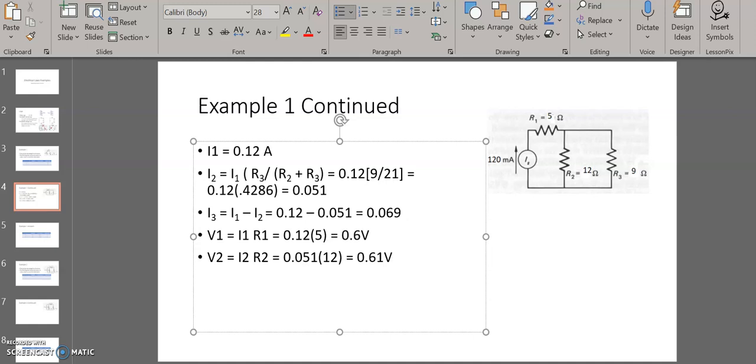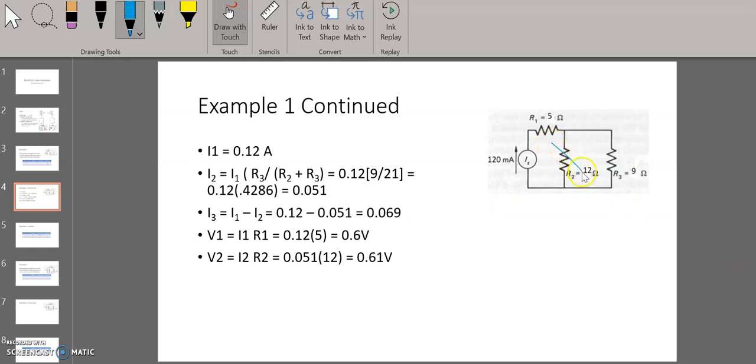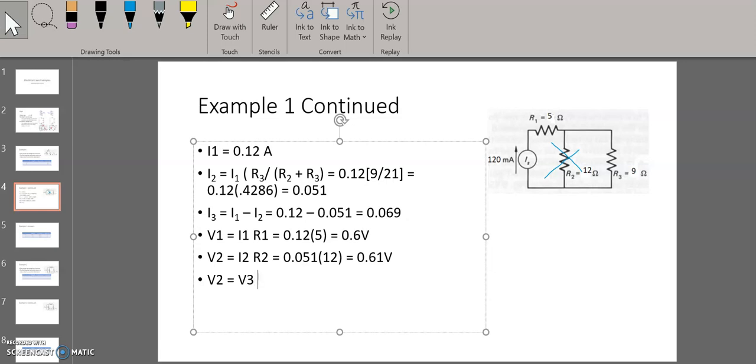Okay, now my voltage 3, if I remember my Kirchhoff's voltage law, I can go ahead and remember that if I close this out, then I can easily figure out what that voltage is, because the voltage in this loop has to be equal to the voltage in that loop. So that, in fact, is going to end up making V2 equal to V3, which means that's 0.61. Okay?